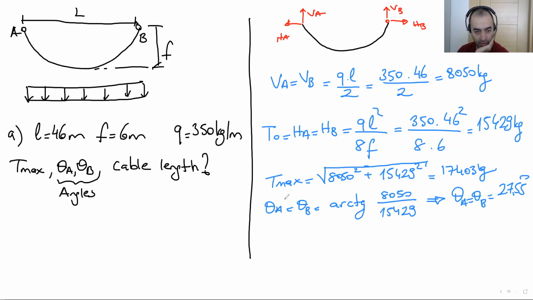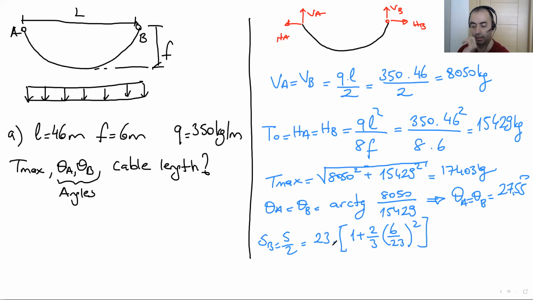The last one is the cable length. You know the equation now. SB equals S over 2 times XB, half of the span, which is 23, times Y, 6 over 23 squared.